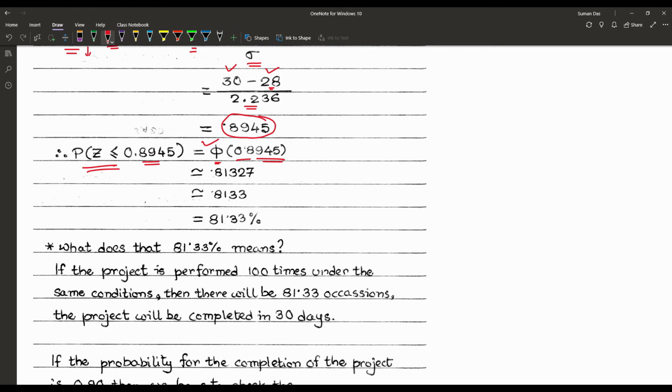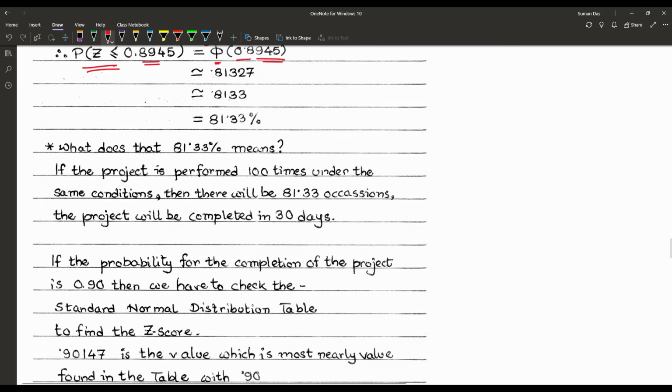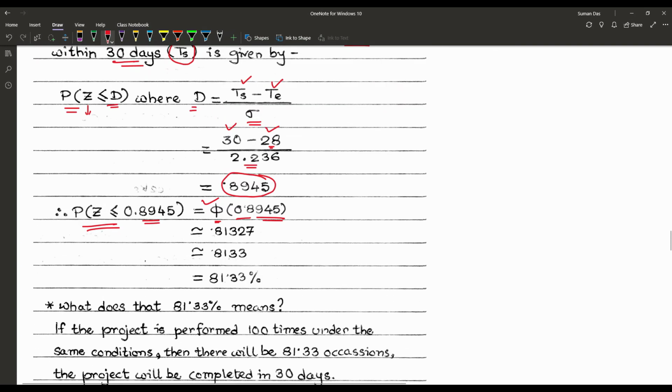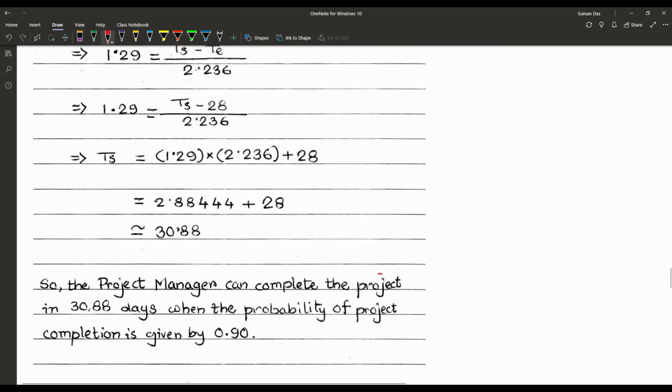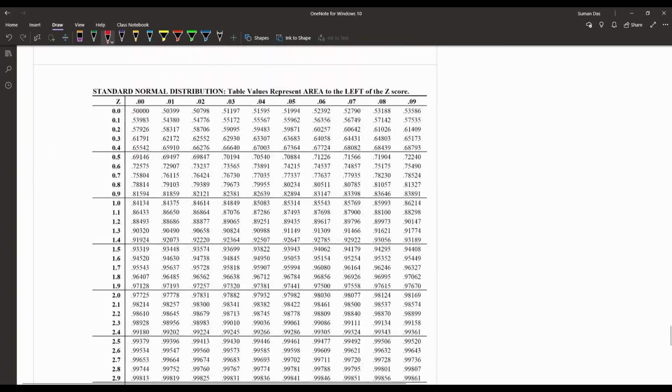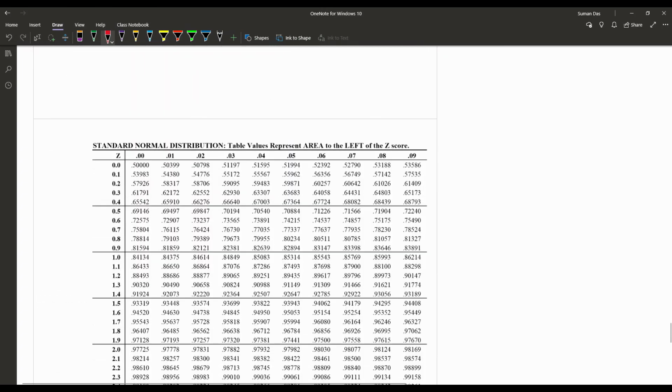Now we have to use the standard normal table to find that particular value. I will provide the standard normal table in the description box of this video. Now let's check the standard normal table, and once again that is 0.8945. That means that is our 0.8, and we are pointing at 0.89.